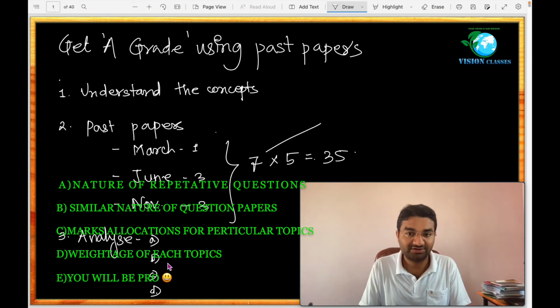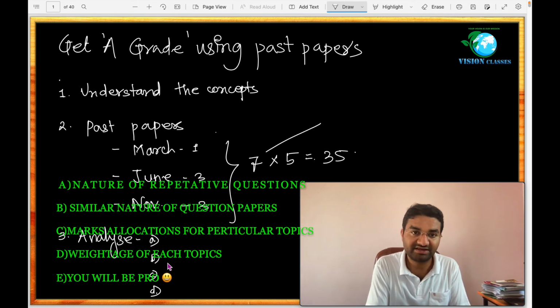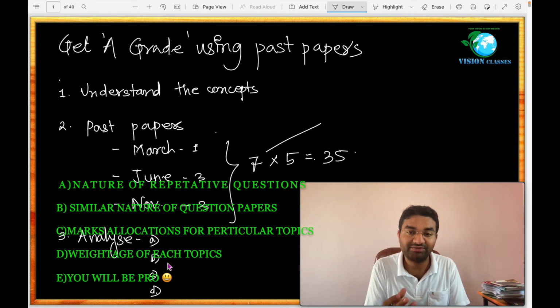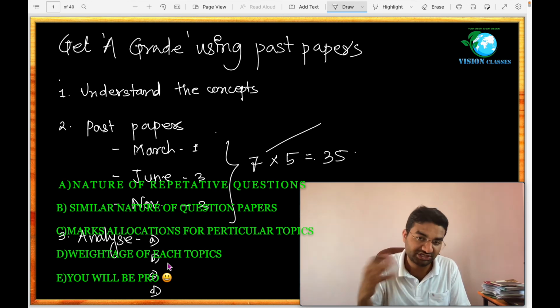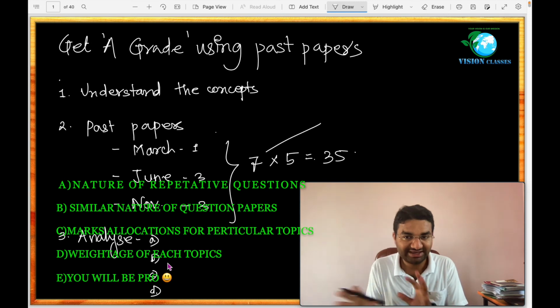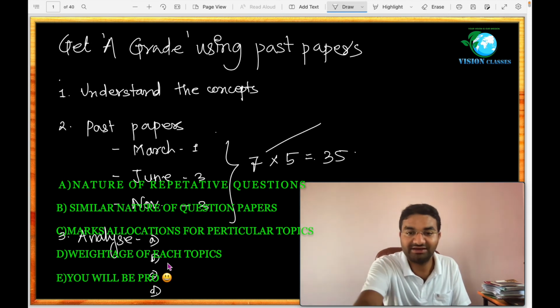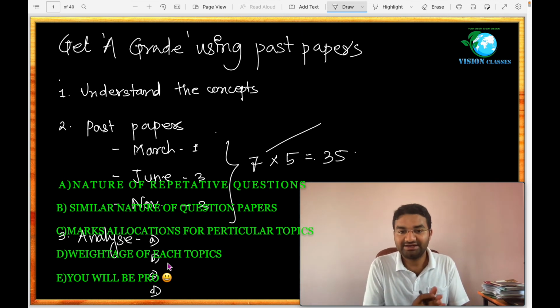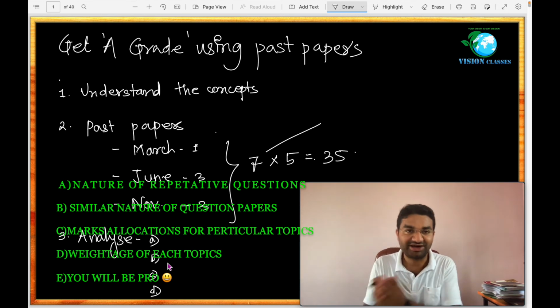So you need to have a better understanding of those concepts. Then you have to check the past year papers and understand what nature of questions are coming, so that it helps you focus on a certain area or topic. This is how you can use past year papers to get a good grade.